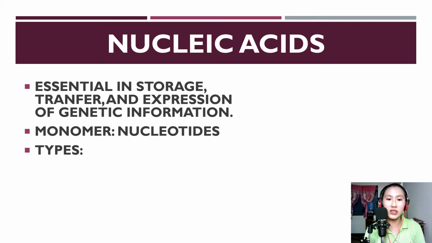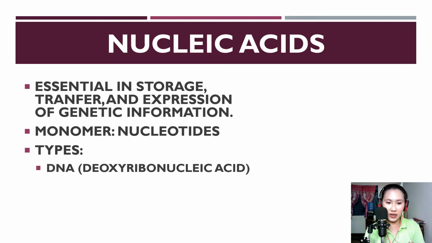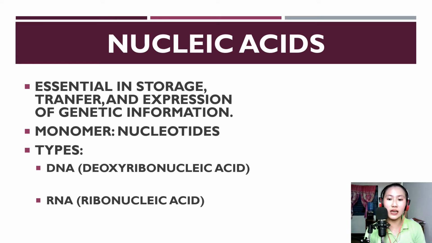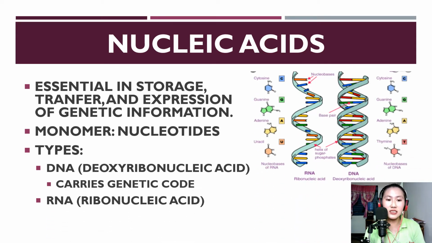So there are two types of nucleic acids. First is the DNA or the deoxyribonucleic acid. Next is the RNA or the ribonucleic acid. Okay, so the function of DNA is it carries genetic code.